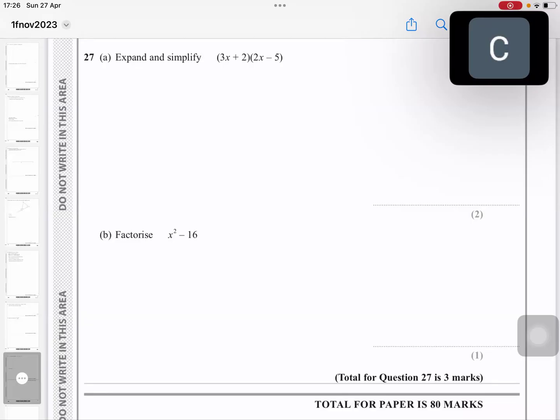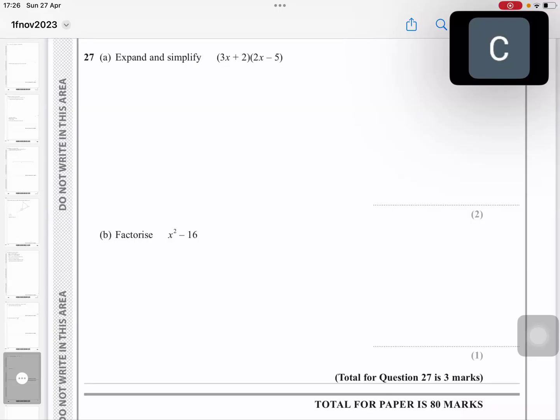Okay, so this is what I'm going to send you, the breakdown of what I'm doing. So the first thing I said was to take 3x multiplied by 2x. That would give me 6x squared. Okay, and then when I take 3x and multiply by minus 5, I'll have minus 15x. Then the next thing I'll do is to take the plus 2 from the first bracket again and do the same thing I did with the 3x.